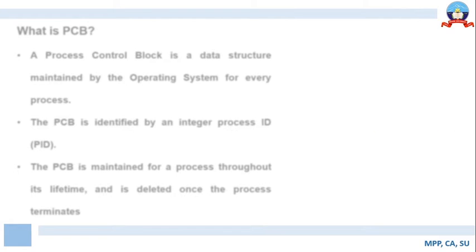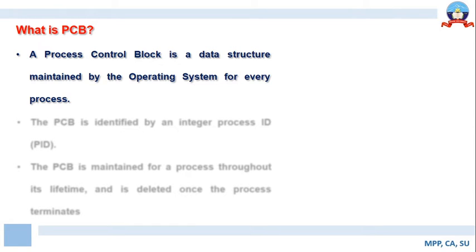Now let us move on to the next important element that describes a process, called the PCB. PCB stands for process control block. Again, I'll repeat it: PCB stands for process control block.